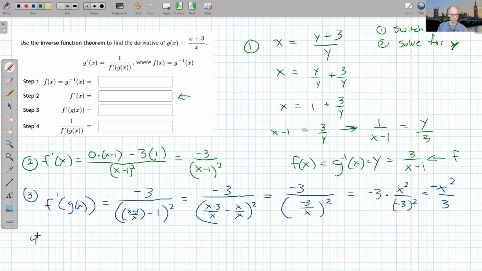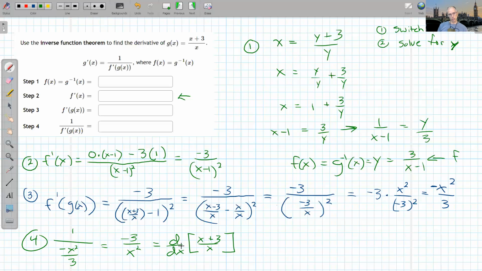So step 4 would be to flip that, so if I take the reciprocal of that, 1 over negative x squared over 3, that becomes negative 3 over x squared. And that should then be the derivative of the inverse of f of x, which is g of x, right there.